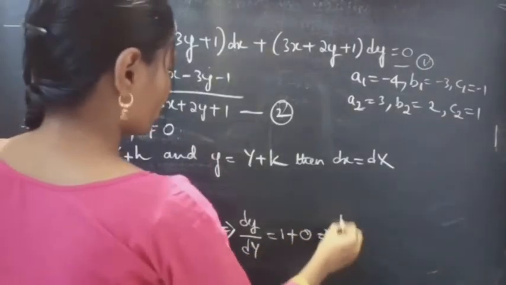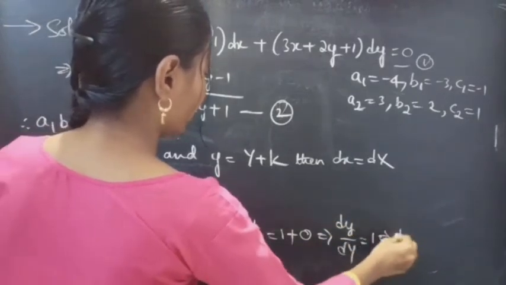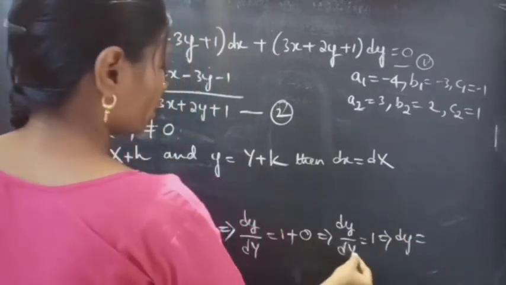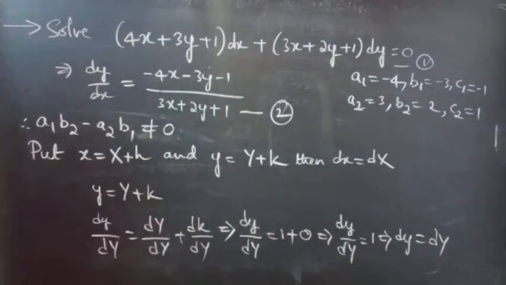From this we'll get dy by d capital Y equals 1. Again, dy equals d capital Y into 1, which is d capital Y, that is differential capital Y, right?